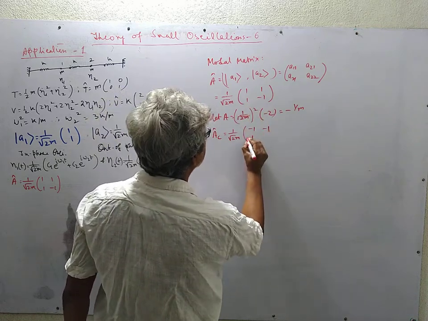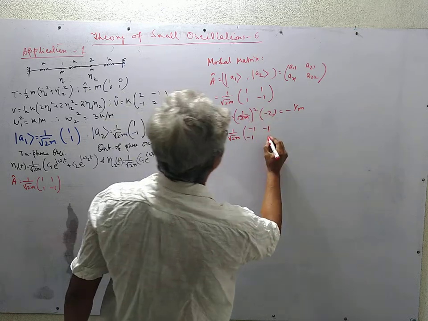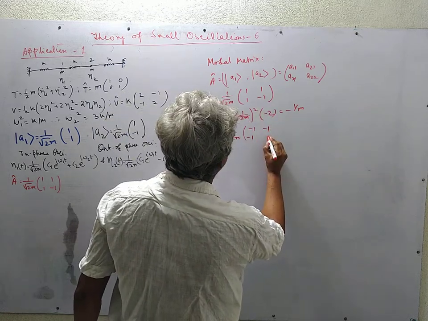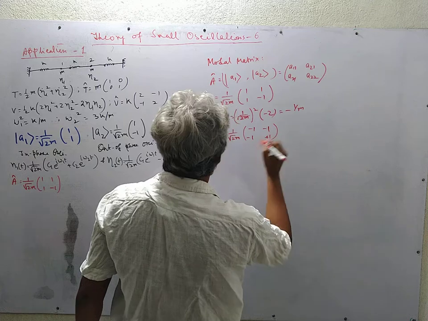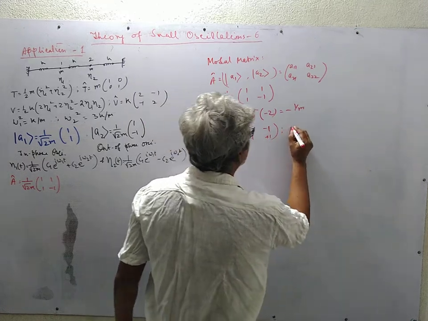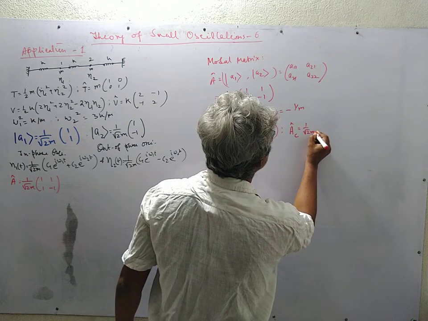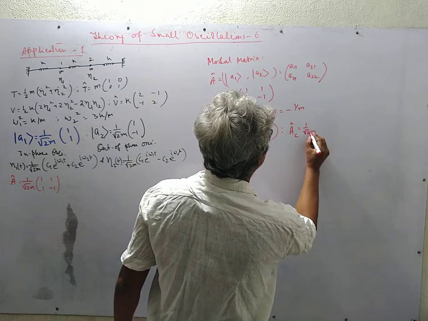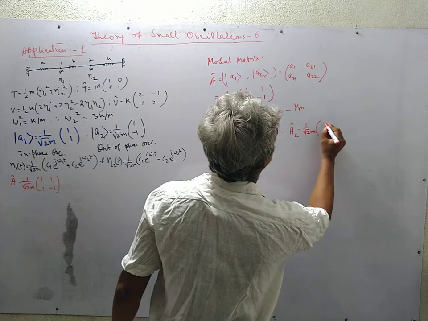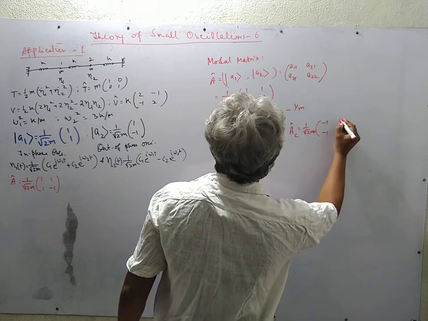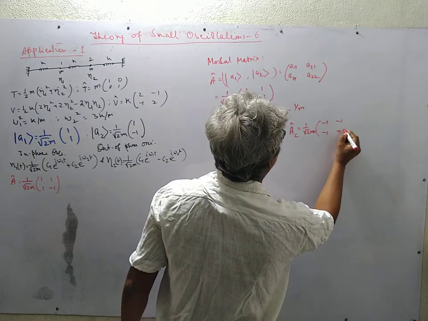There will be an extra minus sign, and this element is plus 1. Then we find the transpose. 1 upon 2m, the transpose is itself, minus 1, minus 1, minus 1, plus 1.